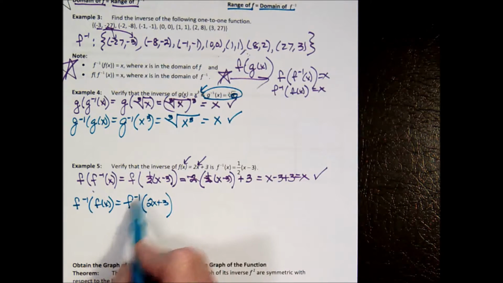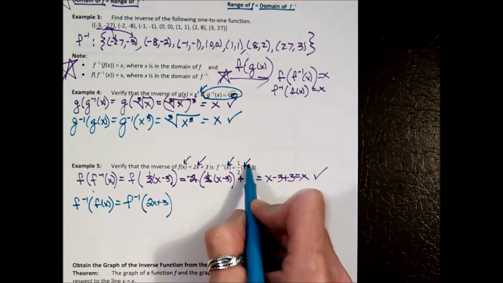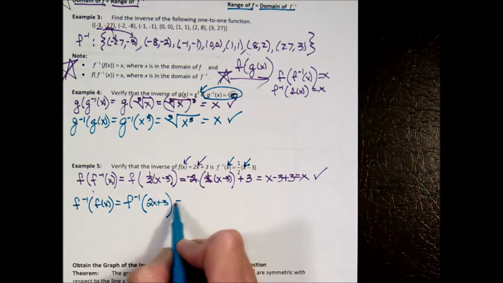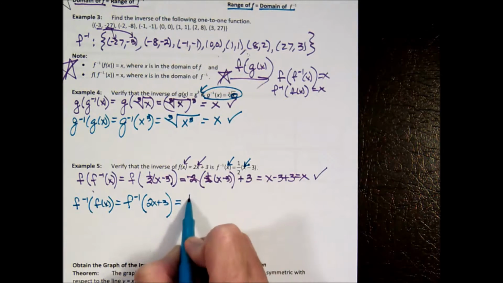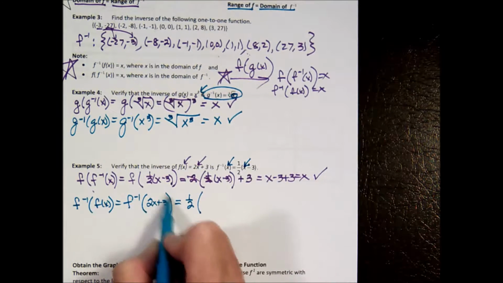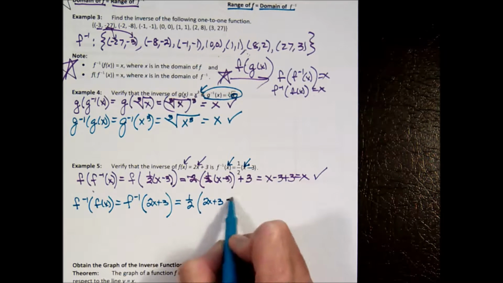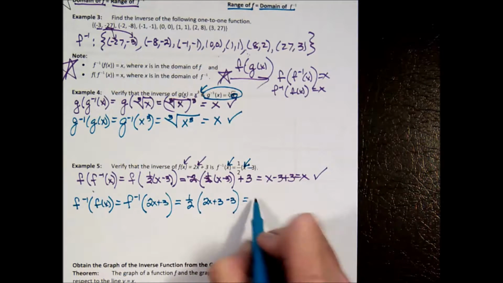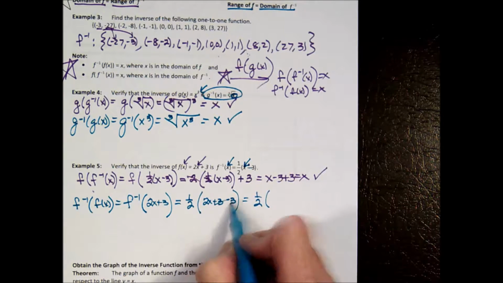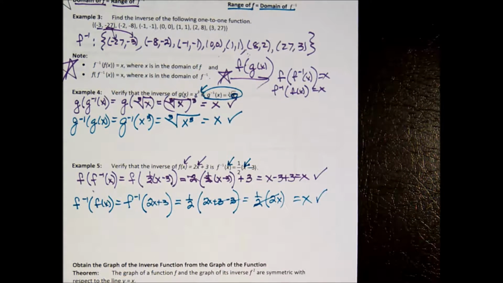It means go to my inverse equation, and everywhere there is an x, I'm going to put in this. So we start by writing 1/2 parentheses, take out the x, put in this whole thing, 2x plus 3. Now finish it, minus 3. That gives me 1/2 of 2x, which is just x, and it checks in that direction also.